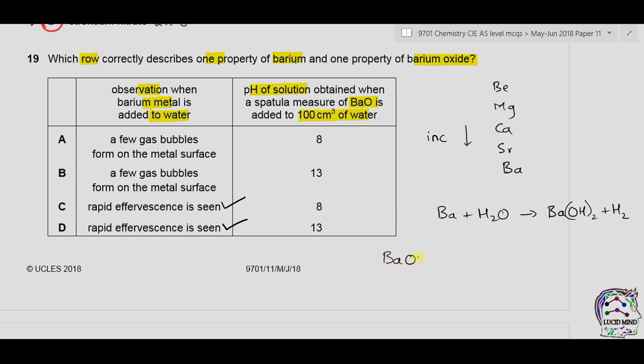When barium oxide is added to water, it is soluble, it forms barium hydroxide and the pH will be greater, so it is 13. This is because solubility of oxides of group 2 also increases. The answer is therefore D.